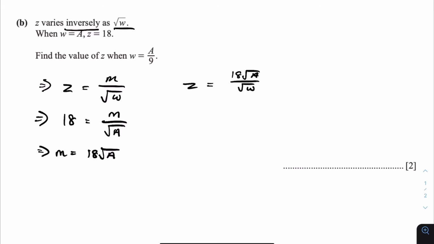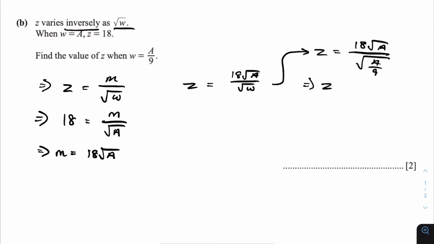But we're not finished there. It says find the value of z when w equals a over 9. So let's input a over 9 in there, which gives us z equals 18 root a over root a over 9, which equals 18 root a over root a over 3.